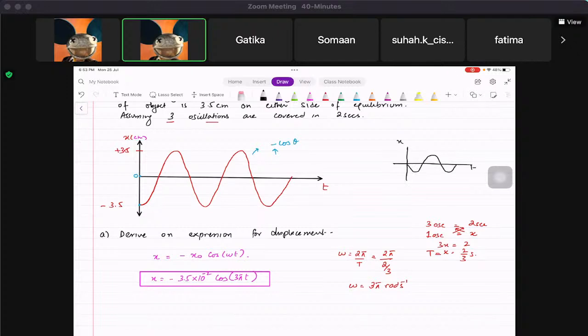So this would be x equals to minus x naught sine of omega t. Do you understand? Because this is a minus sine function. So basically you need to look at what the function is, and that's why I taught you the math thing. Otherwise I don't want to teach you extra things, okay? Do you understand now?